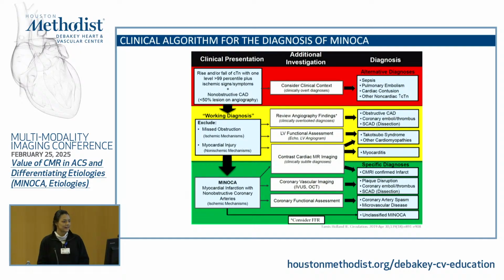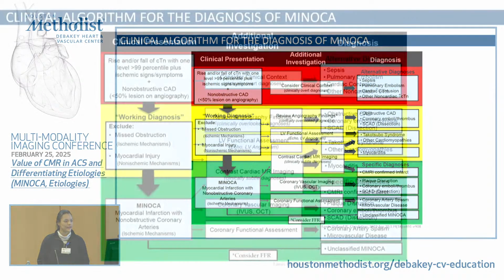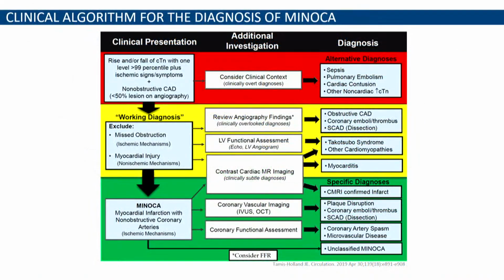So this is the kind of algorithm that is proposed to work on the diagnosis of MINOCA. As we see here, the first thing would be to have the concern for injury to the muscle. Then you rule out any significant CAD, and then you consider other diagnoses: sepsis, PE, myocarditis.